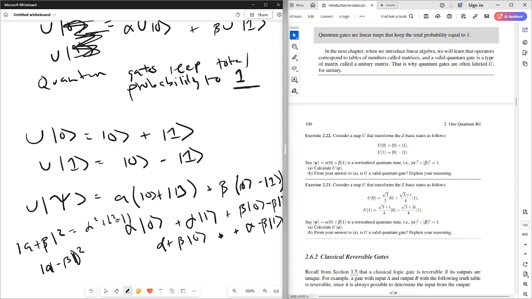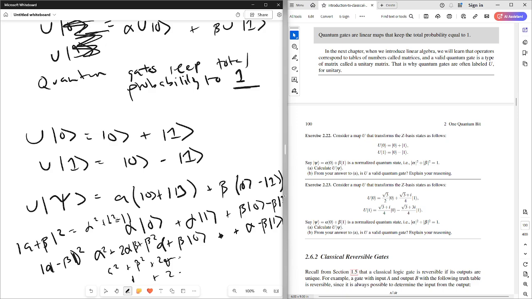That makes any sense. Sorry. Mentally working through this right now. Alpha squared plus alpha beta plus beta squared. We get alpha squared plus beta squared plus 2 alpha beta.